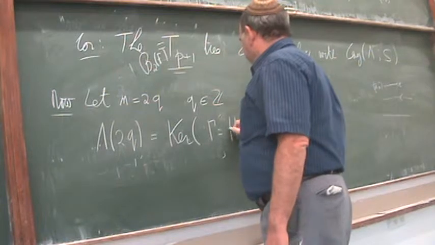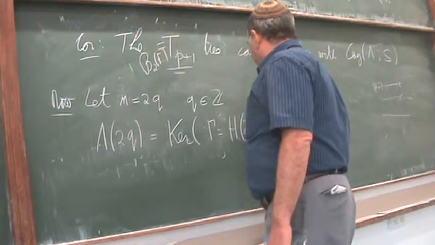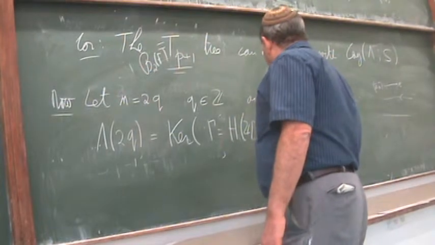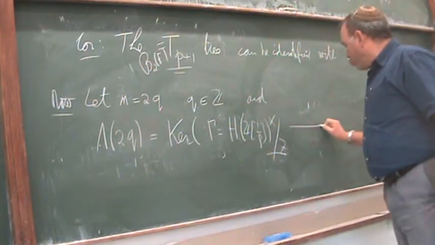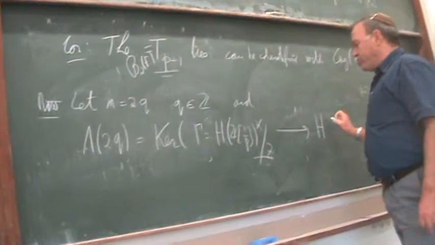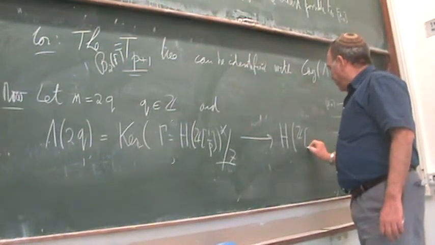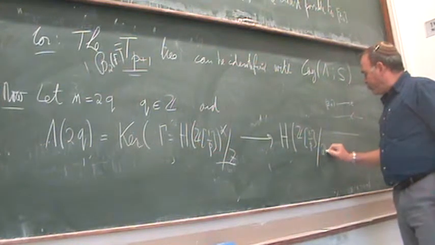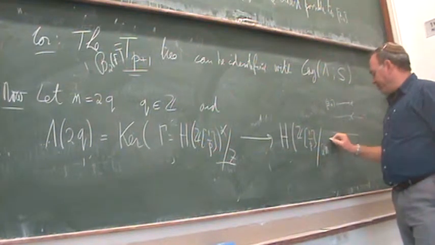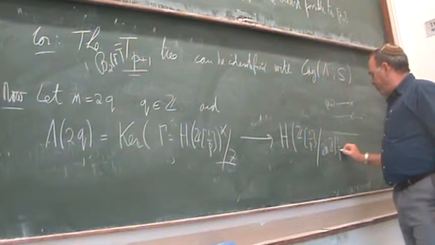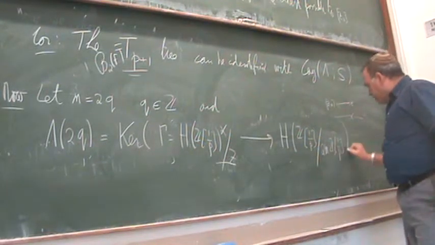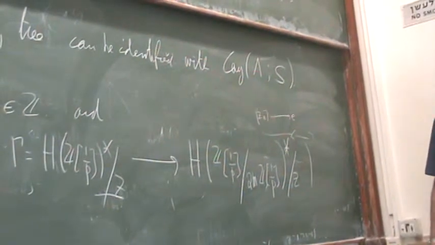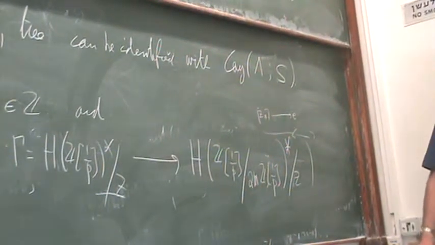You remember gamma, this is PGL2 of Z[1/p] star divided by its center, to PGL2 of Z[1/p] divided by the ideal 2m Z[1/p]. I can take star also divided by its center. Namely, I'm defining now congruence subgroups.